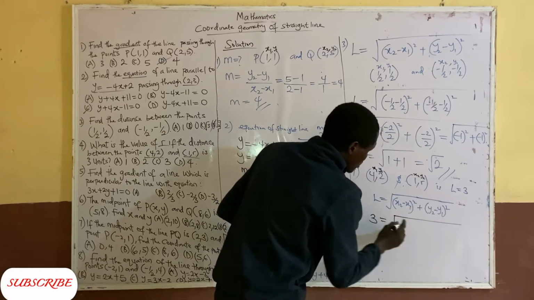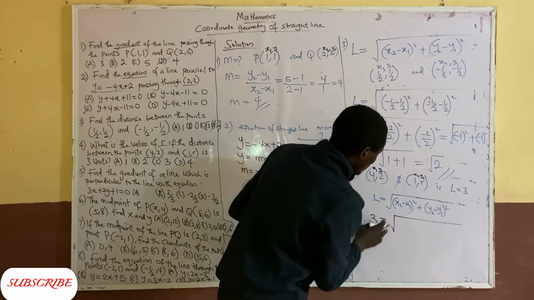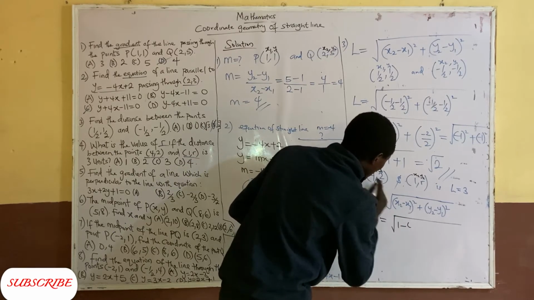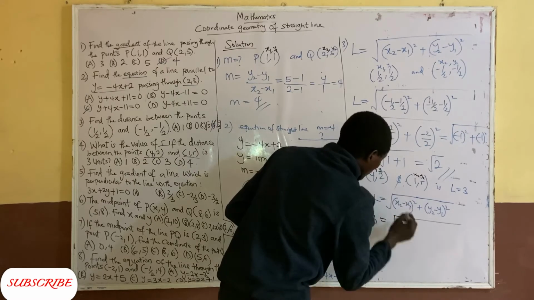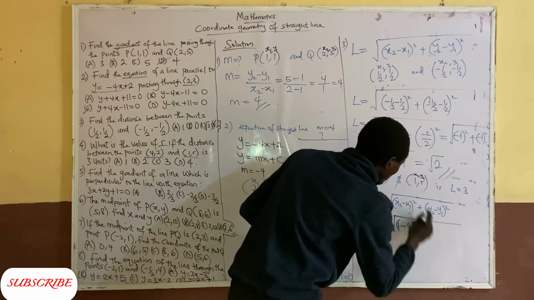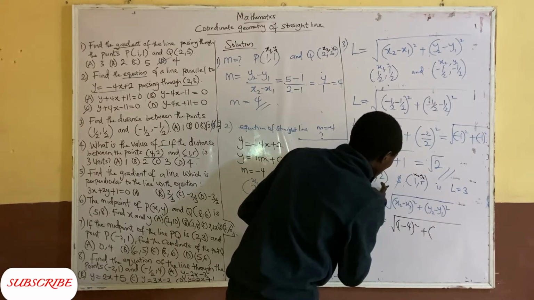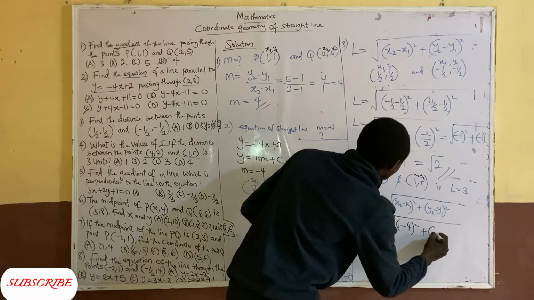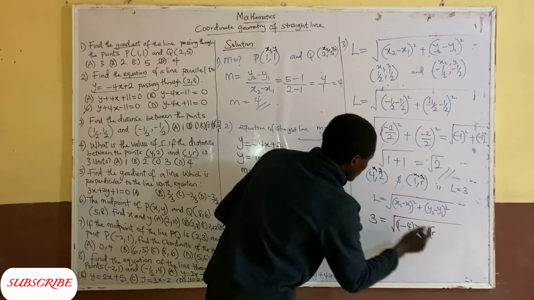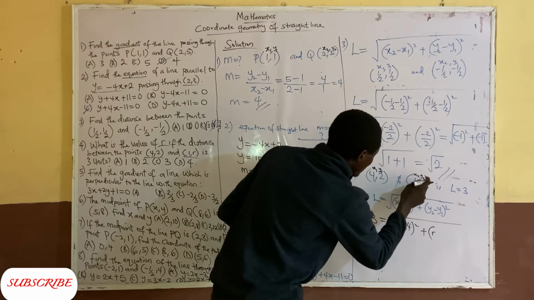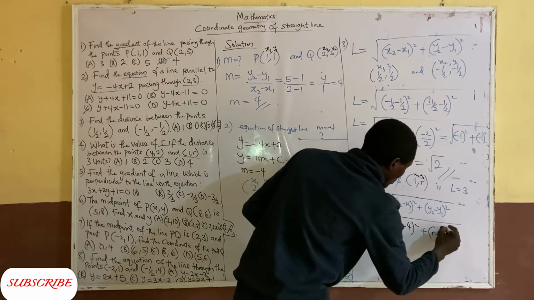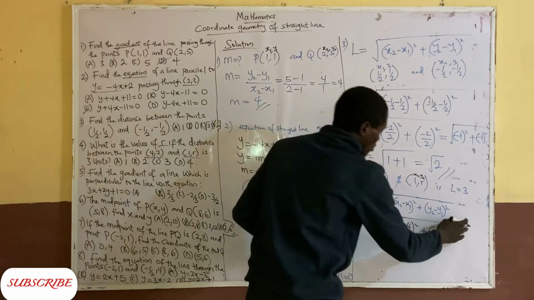So 3 is equal to the square root of (X2 minus X1) squared, where X2 is 1 and X1 is 4, plus (Y2 minus Y1) squared, where Y2 is R and Y1 is 2. That gives (R minus 2) all squared.